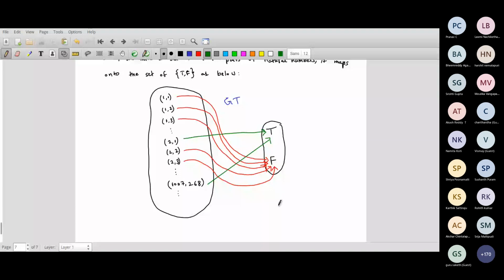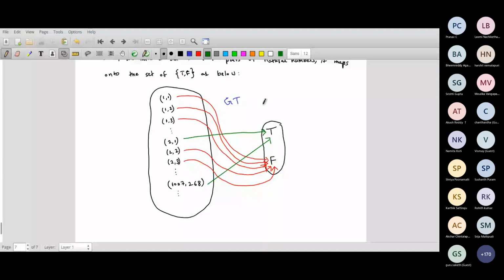Okay. So this greater than relation can be thought of as a mapping between every possible ordered pair of natural numbers and true false set. Okay, you take any pair of natural numbers, it maps to either true or false. That's all. So depending on this mapping, this greater than relation is defined.